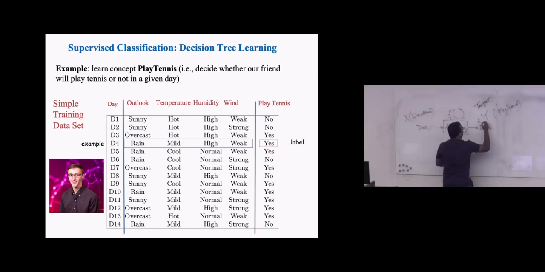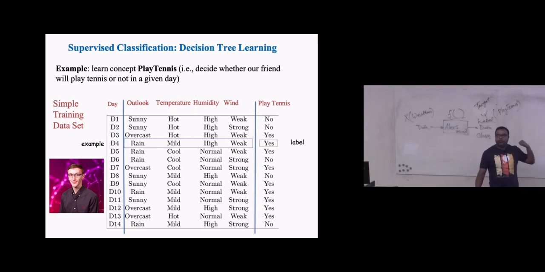This is our label. You name it. This is our class. Now we have a binary variable that we are trying to learn. This concept is a binary variable. Either Alex plays or he doesn't play.